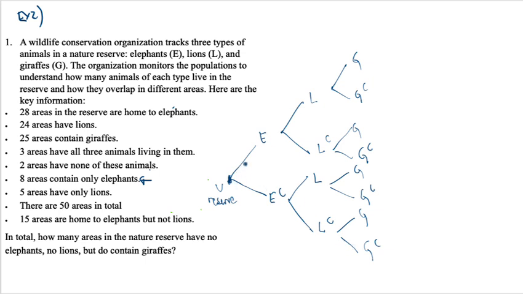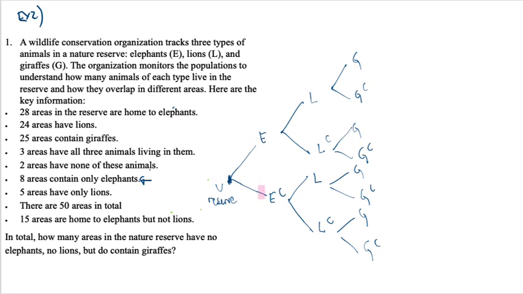You could have an area of the reserve where you have all elements, or you could have, for example, an area that has elephants, doesn't have lion, and has giraffe. Okay, so this is my set.